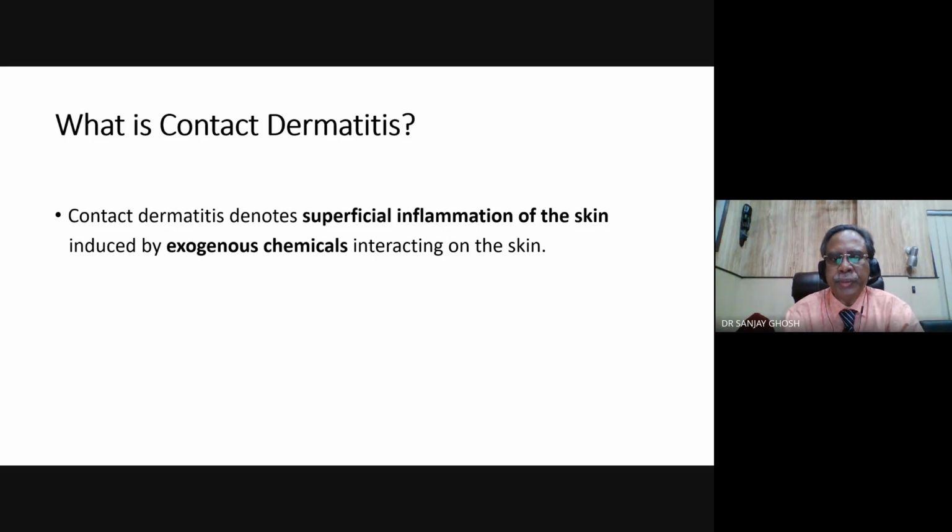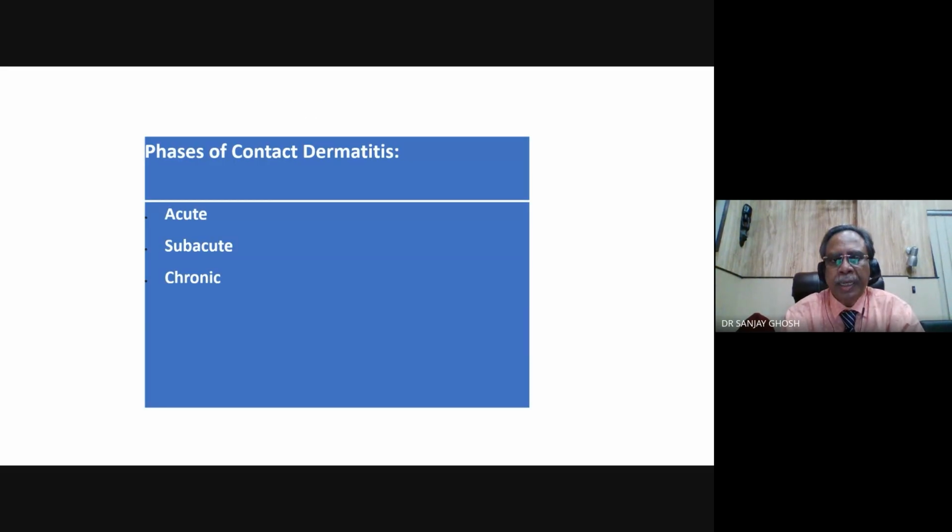We all know endogenous eczema like atopic eczema or seborrheic, etc. But 80% of eczema is this exogenous eczema. So people believe, the doctors and even the patients, that eczema is not curable. This is not true. If you can stop the exogenous allergens or irritants, definitely you can cure many cases of eczema. That you can boost up to your patient.